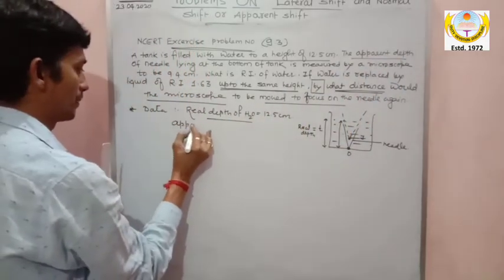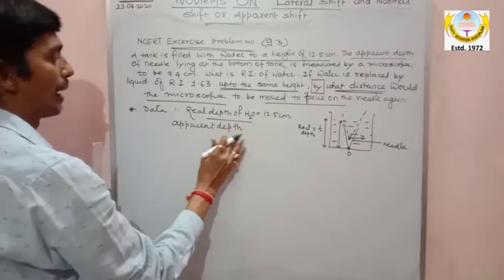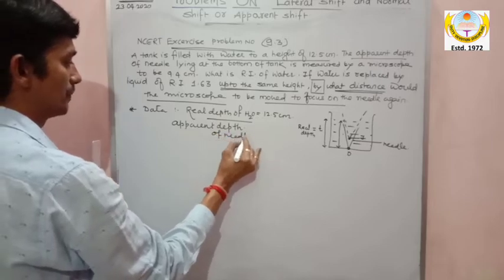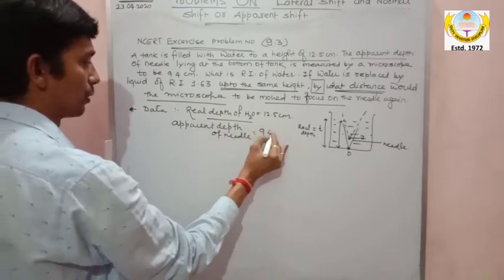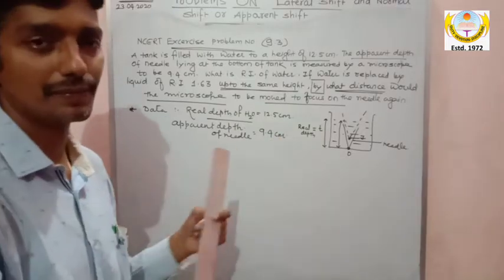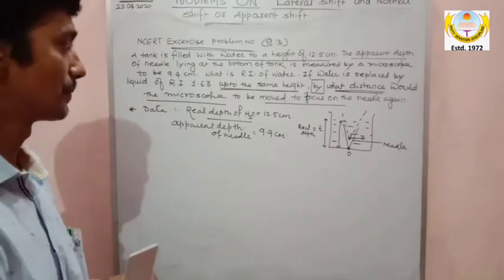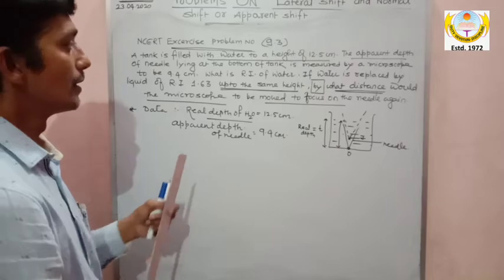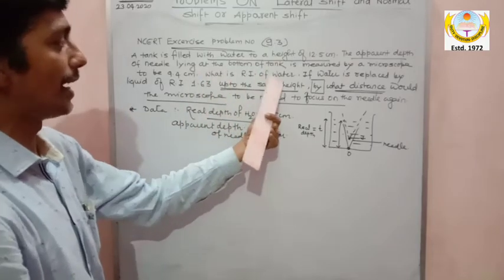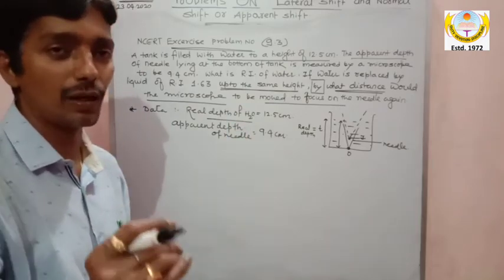Here I write: apparent depth of needle observed by microscope is 9.4 centimeter. Try to understand, my dear. What is the refractive index of water?